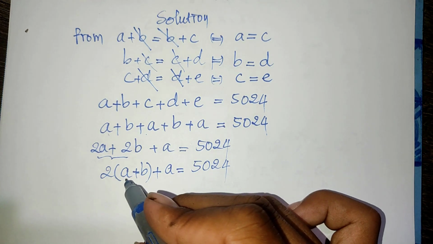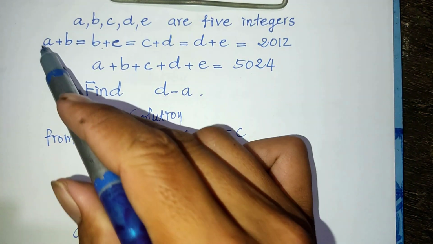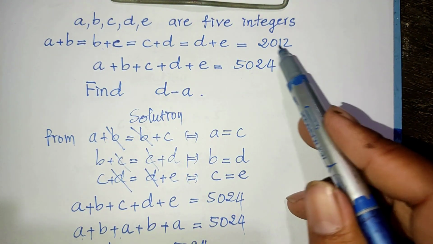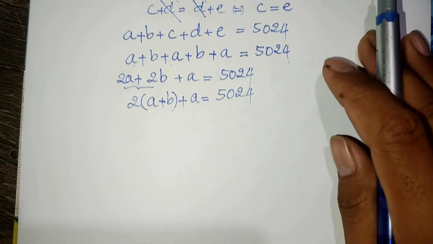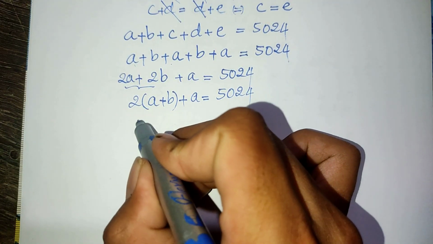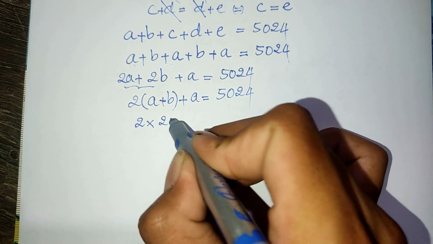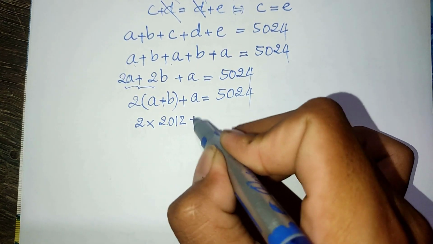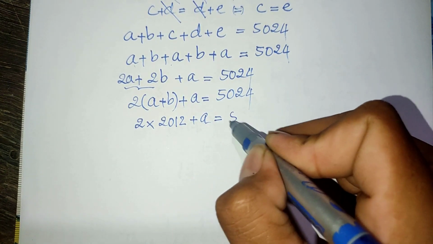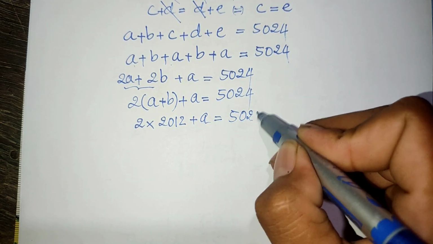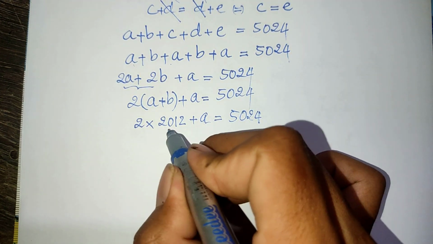And this A plus B, we see A plus B equals 2012. So now we replace it by 2012, we get 2 multiplied by 2012, plus A equals 5024.